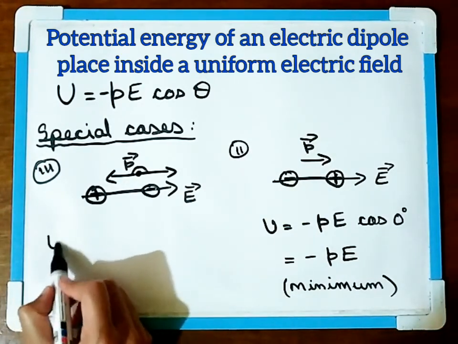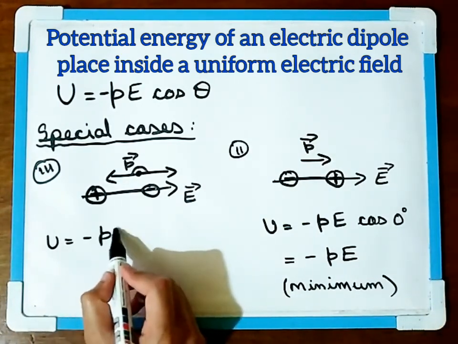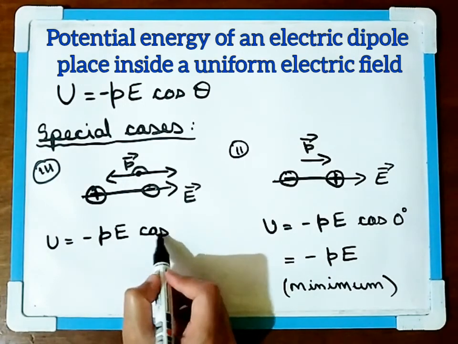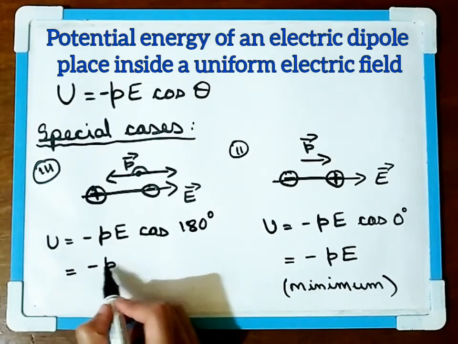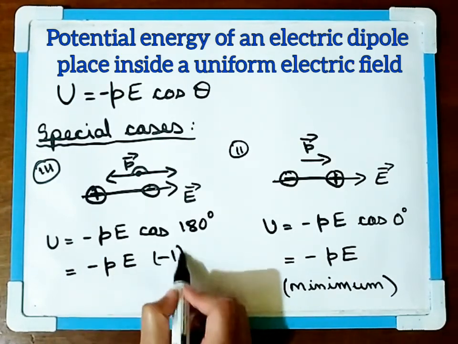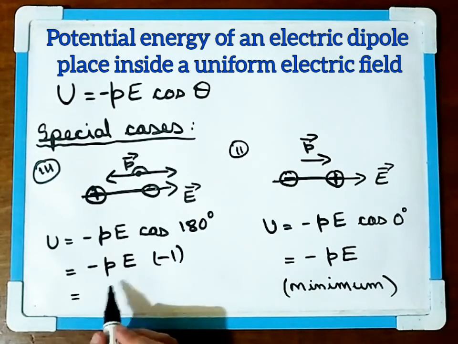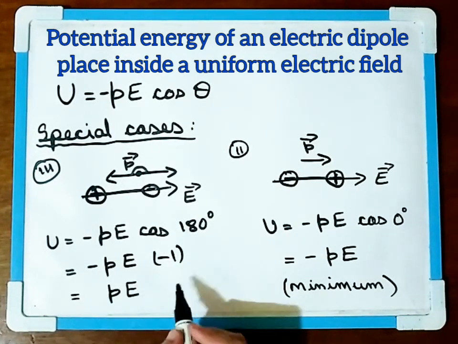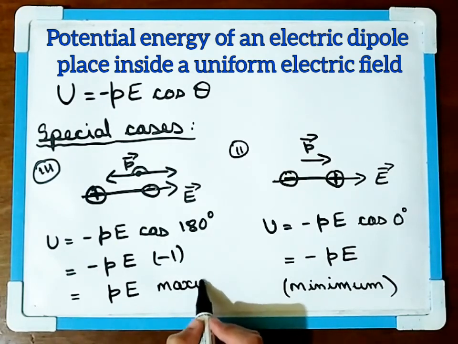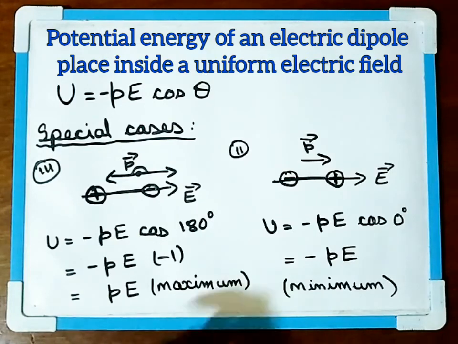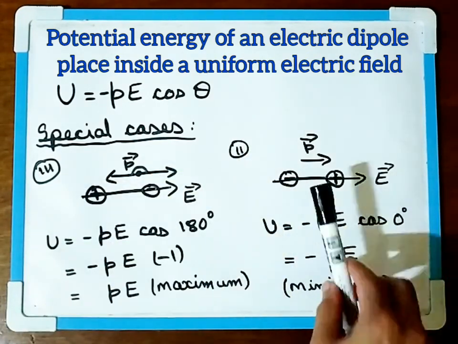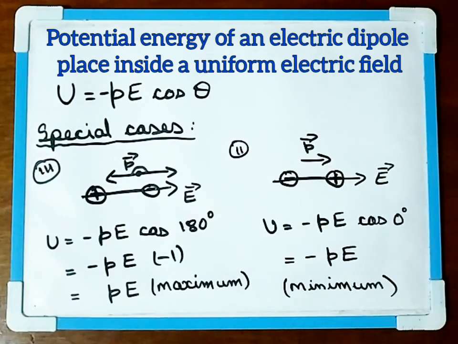So the potential energy in this case will be equal to minus PE cos of 180 degree, and cos of 180 degree is minus 1. So here the potential energy will be PE, and in this case it is a maximum potential energy. So dipole has a maximum potential energy when it is in this position. If it's in this position, it has a minimum potential energy, and if it is perpendicular to the electric field, it has a potential energy of 0.